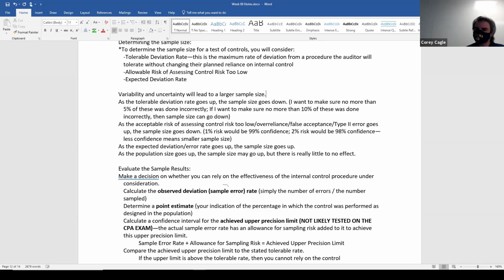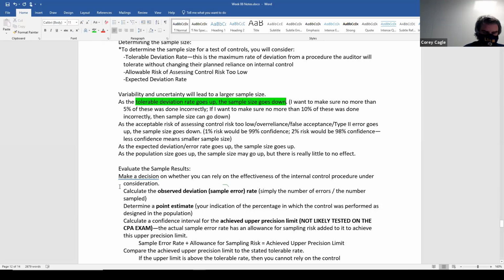That makes sense. You know, I want to make sure no more than 5% of these was done incorrectly. If I want to make sure no more than 10% of these was done incorrectly, sample size can go down, right? And then vice versa on all these. As tolerable deviation goes down, sample size goes up.